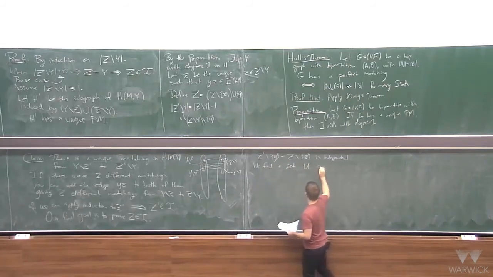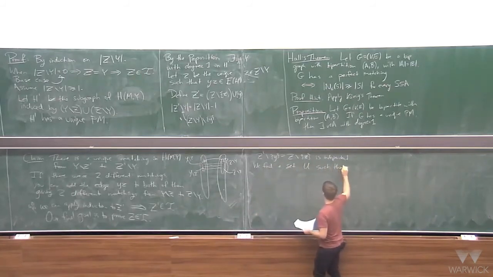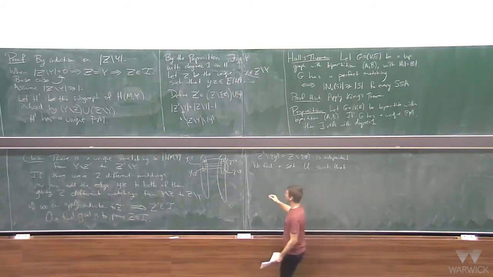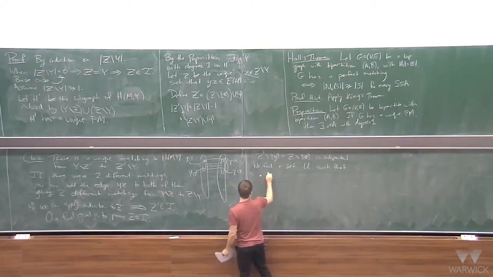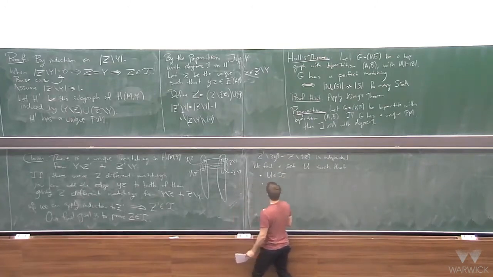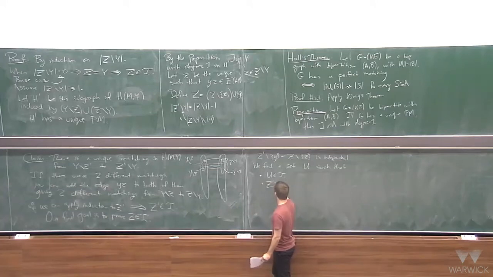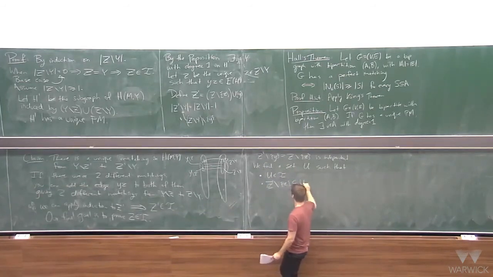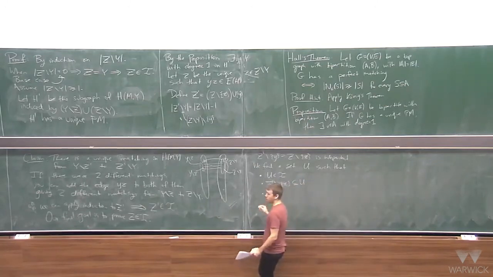So now what I'm going to do is find a set U such that, and we need several different properties. First of all, U is going to be an independent set. That's no problem. Z prime minus y, which is the same as Z minus little z, we want this to be a subset of U. We want some more conditions.